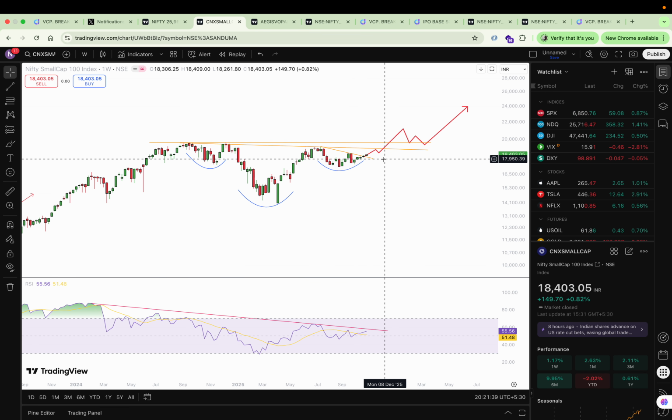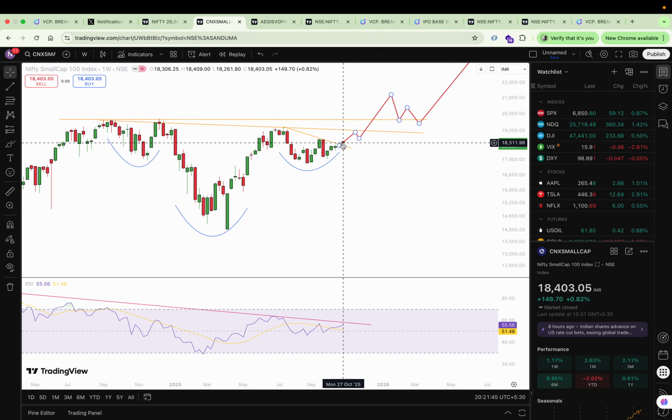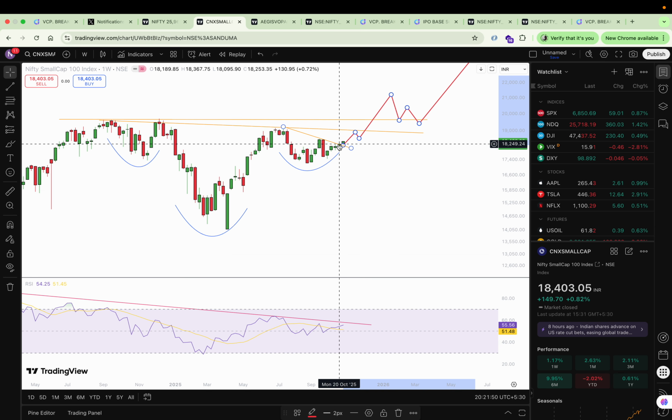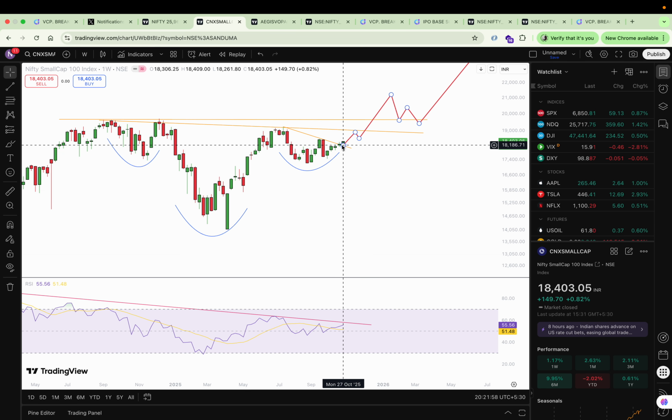Like what we discussed last time in small caps, I was waiting for this breakout, and the smaller stocks have started to participate. Not all, but only the good setups or sector-wise movement is seen. So we have to focus on those first.